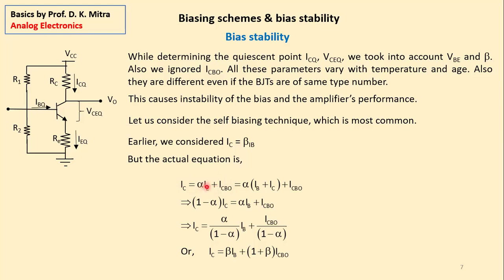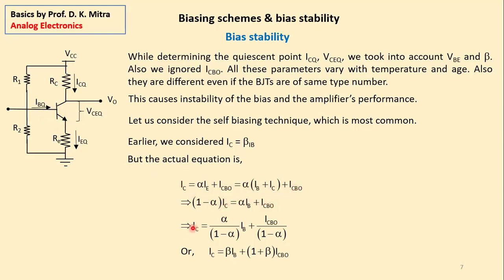The emitter current is equal to base current plus collector current, so IE can be replaced by IB plus IC. Taking alpha IC to the left-hand side, it becomes (1 minus alpha) IC equal to alpha IB plus ICBO.